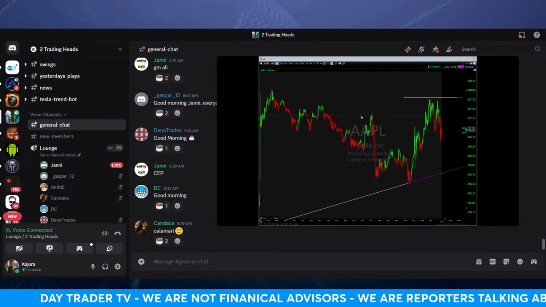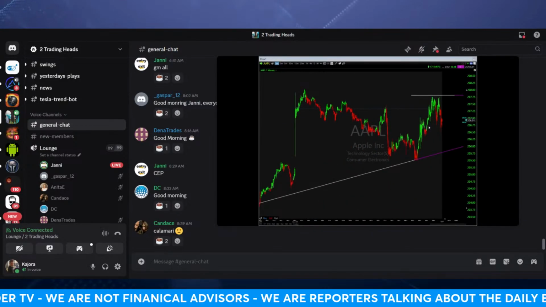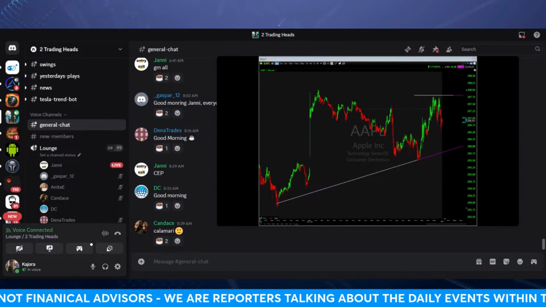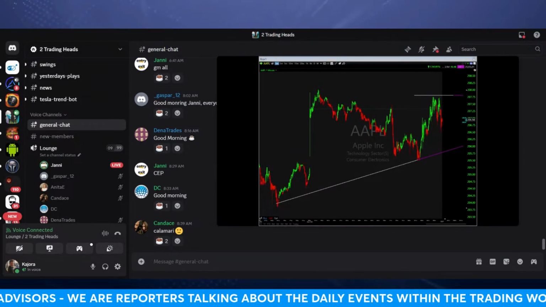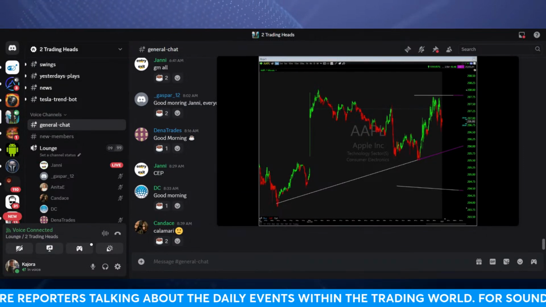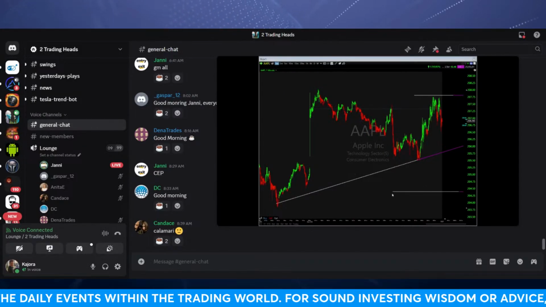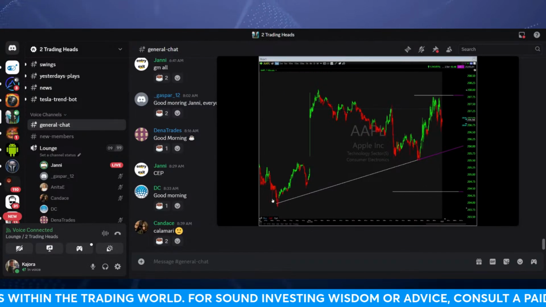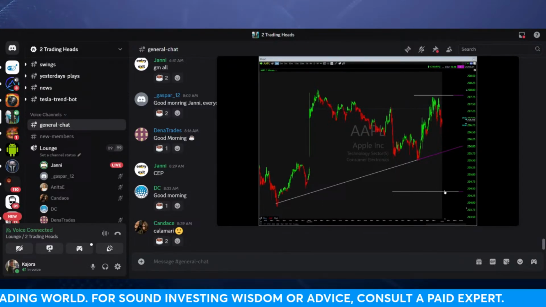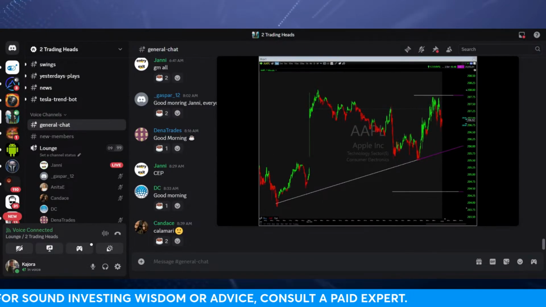So we got a beautiful move on Apple on the downside. Keep an eye on your support trend line here. You want to break. Next support you have on Apple would be down here. That's going to be a little bit higher than a double bottom, all right? That's my next support line on Apple.